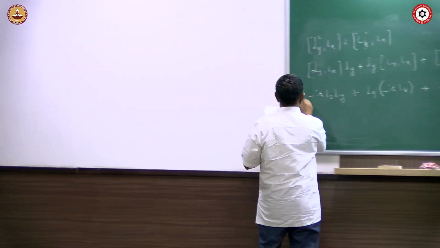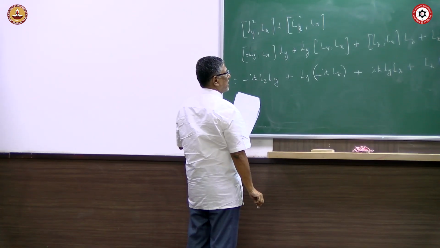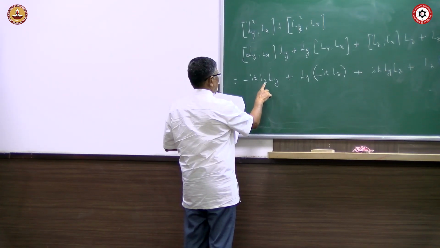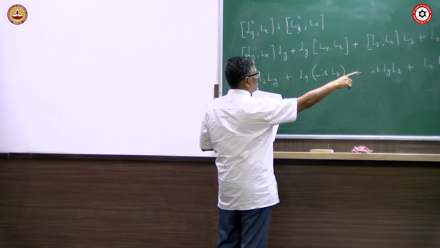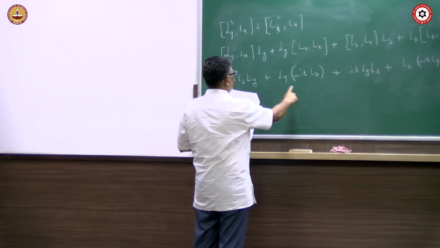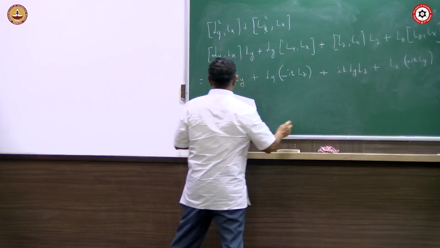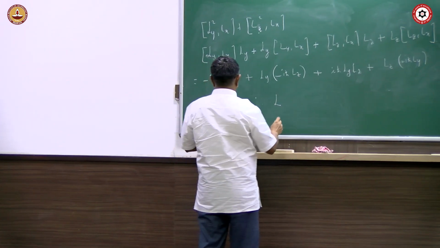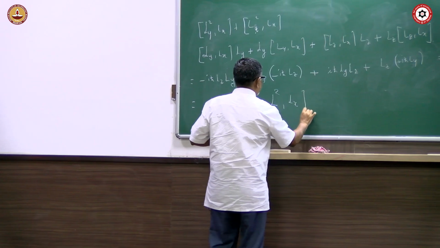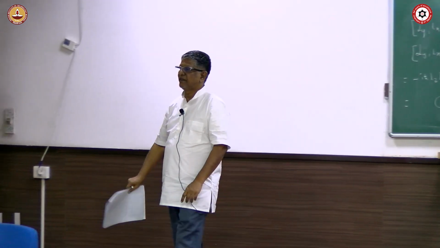Therefore, you can see which terms are cancelling: minus iħ Lz Ly, minus iħ Ly Lz plus iħ Ly Lz. Therefore, 0. So this tells you that L square comma Lx equals 0. Any surprise here? Nothing.